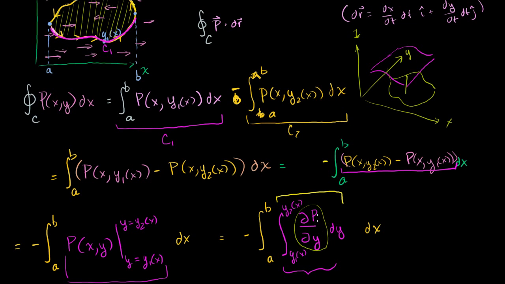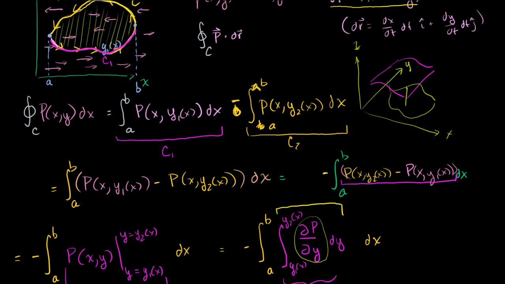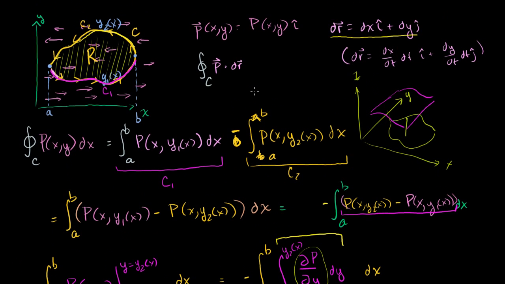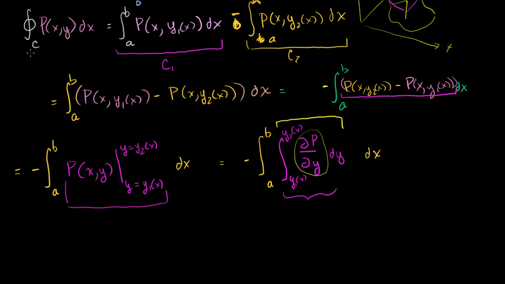But the really neat outcome here is if you call this region R, we've just simplified this line integral. And this was a special one. It only had an x component, the vector field. But we've just simplified this line integral to being equivalent to, and maybe I should write this line integral, because that's the really neat outcome. We've just established that this thing right here, which is the same as our original one, so let me write that.